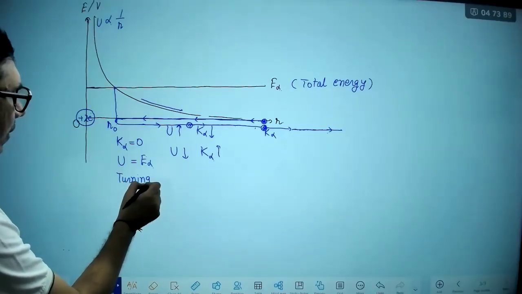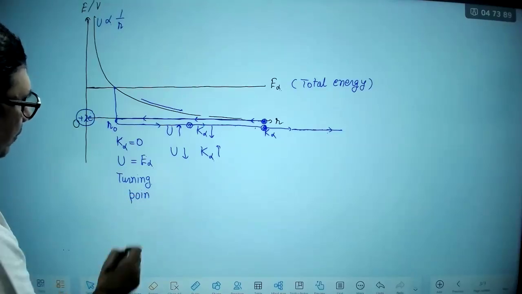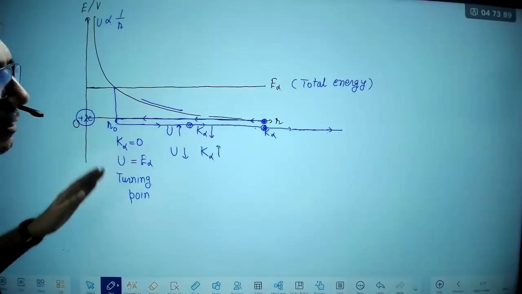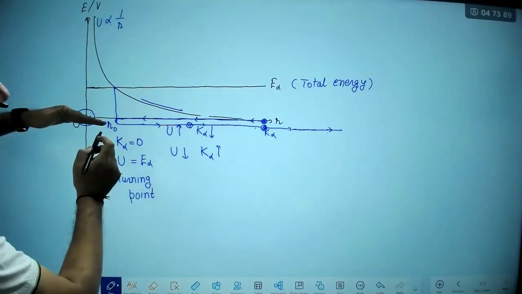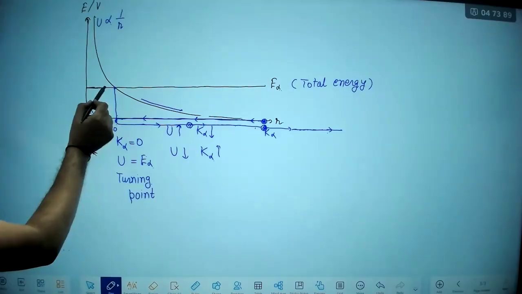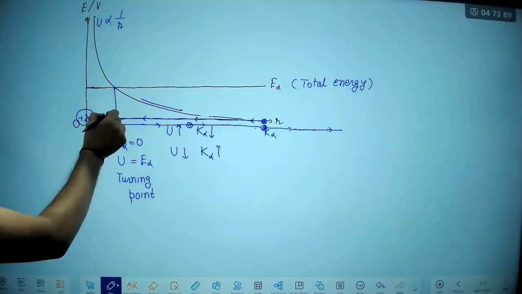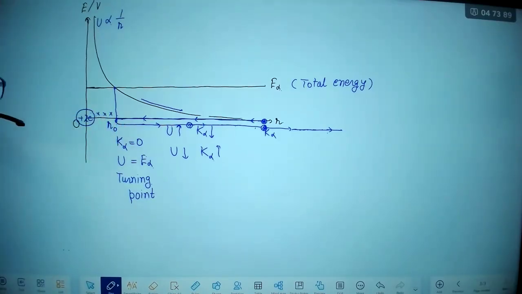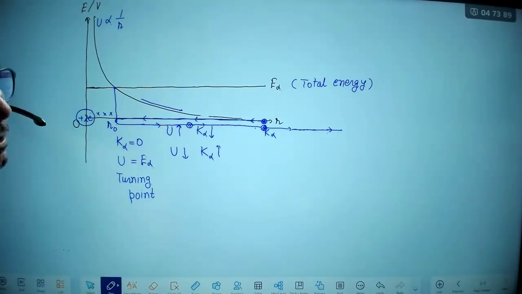Particle cannot enter into this region. Why? Because this is the classically forbidden region. Look here, this is the total energy, this is the potential energy. So this region is the classically forbidden region.